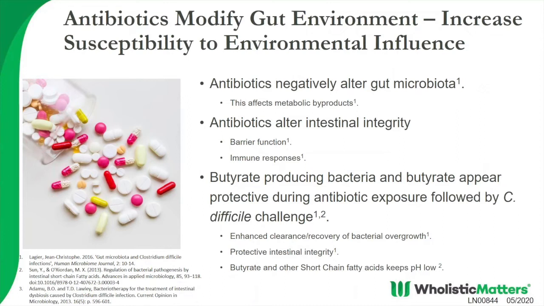And what that does is it leads to a greater susceptibility, something like a C. diff challenge. So for this butyrate, you see it's really important for the recovery of bacterial overgrowth, the protection of intestinal integrity, and helping to keep that pH low.